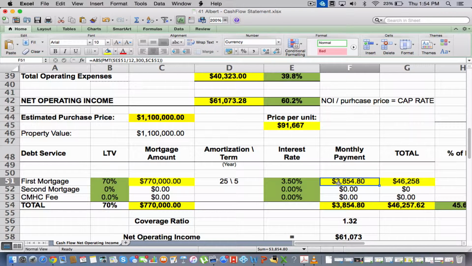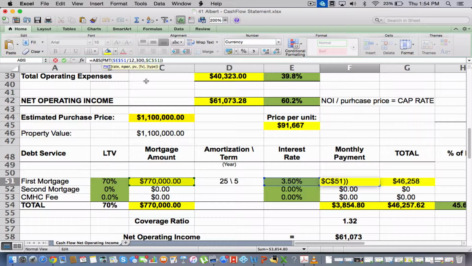To change the actual amortization from 25 to 30 years, you need to highlight the monthly payment and go up into the formula bar. 300 signifies 300 months, or 25 years multiplied by 12 months in the entire cycle, which equals 300.